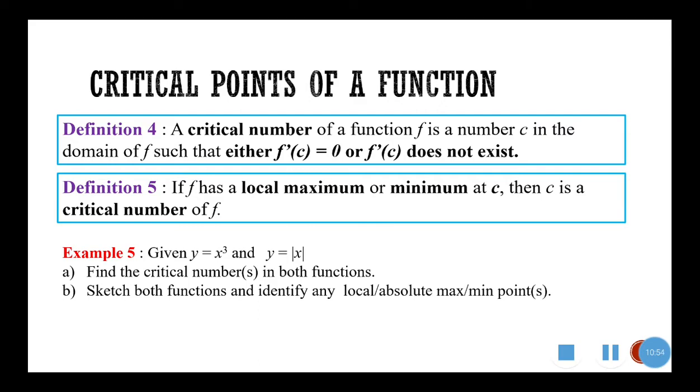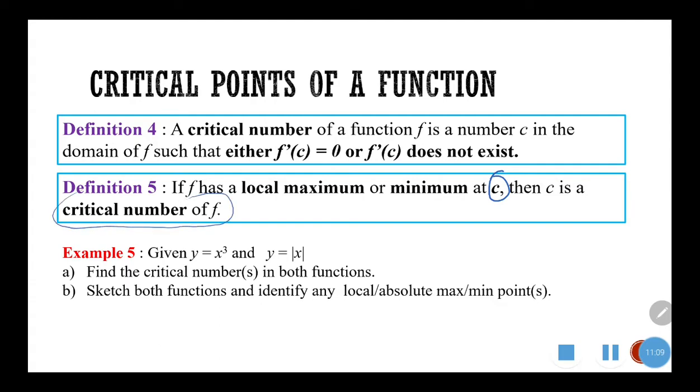Then what is the relation between definition 4 and definition 5? Let's proceed. If f has a local maximum or minimum at c, then c is a critical number of f.